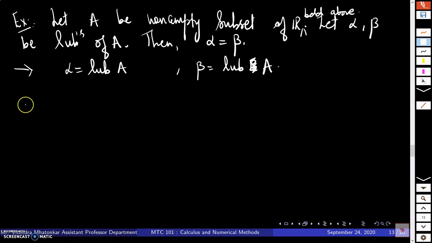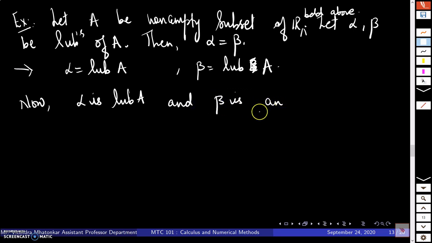Now, first I will consider alpha to be the least one here and beta to be an upper bound here, because beta is also an upper bound, right? Now, alpha is the least upper bound of A and beta is an upper bound of A. I will use only the upper bound property of beta.